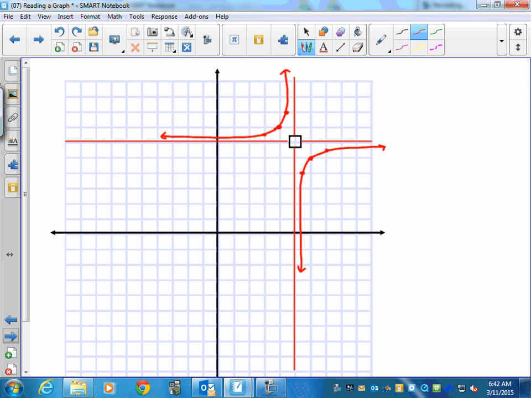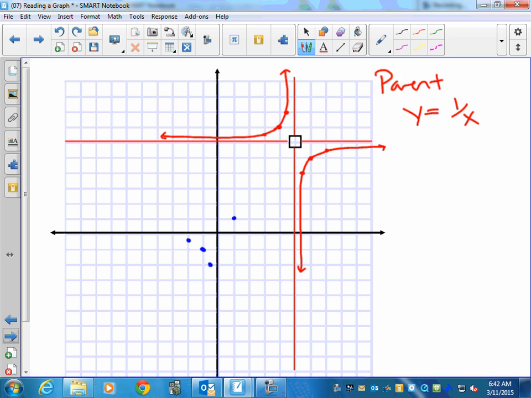Okay, now, dealing with one of our more difficult parent functions. Okay, the parent in this situation is the y equals 1 over x graph, okay, or our inverse graph. Now, that graph originally, we'll switch colors here so we have different colors for the two.